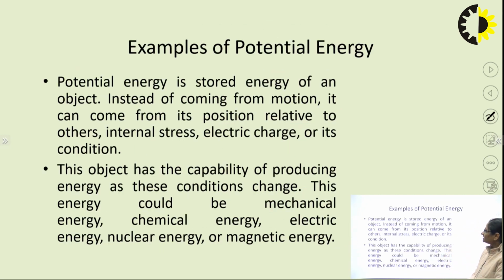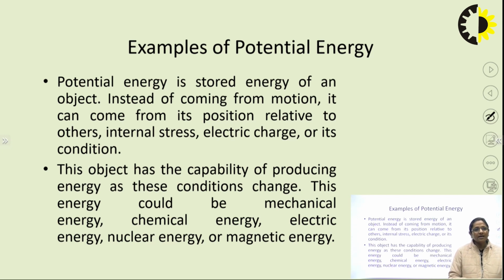Let us see what are the various examples of potential energy. Some of the examples of potential energy are shown over here just to give an insight of how many forms of potential energy there are. Potential energy is stored energy of an object. We know that instead of coming from motion, it actually comes from the position relative to others. For example, an internal stress, an electric charge or its condition may be the reason for the presence of potential energy.